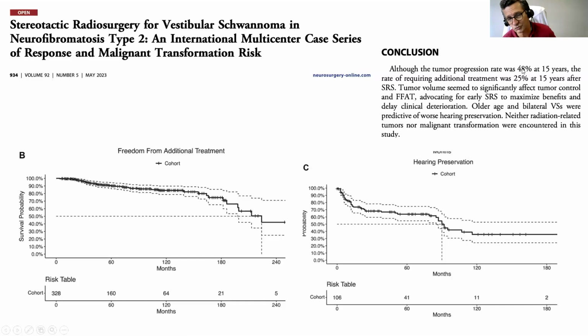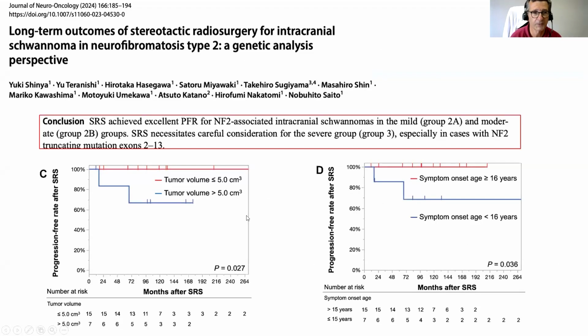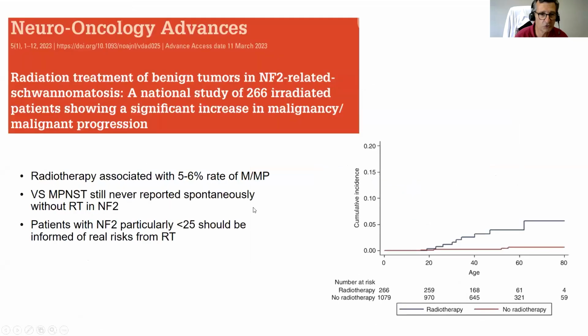The success of the treatment is lower than for sporadic, and hearing preservation is low because at 6 years you have only 50% of the patients with hearing preservation. Another paper shows that maybe it can be linked to the genotype of the patient and the onset of disease. It's more aggressive in the younger patient and in the larger tumor.